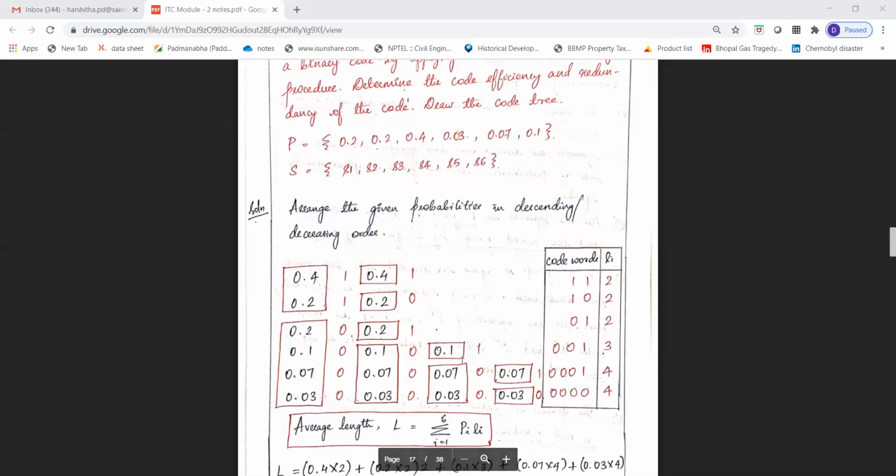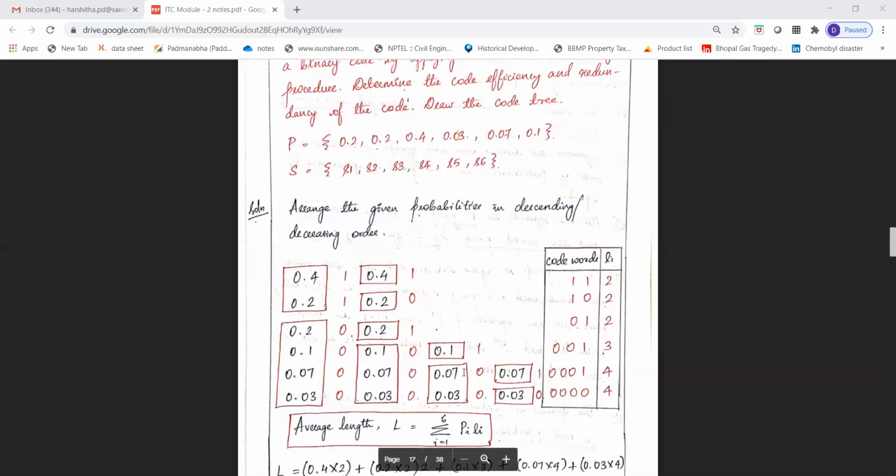This 0.1 is assigned the value 1, and 0.07 and 0.03 are assigned the value 0, because you're supposed to assign 1 and 0 to subgroup 1 and 2 respectively. Next, this 0.1 cannot be divided into subgroups further, so I leave it as it is.